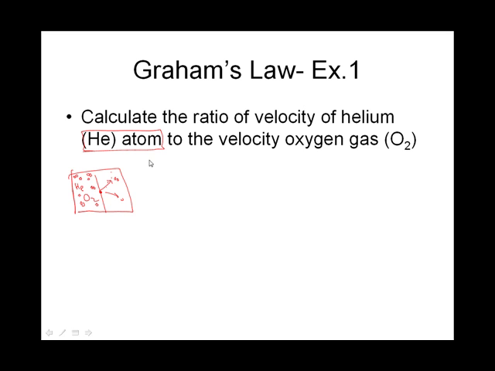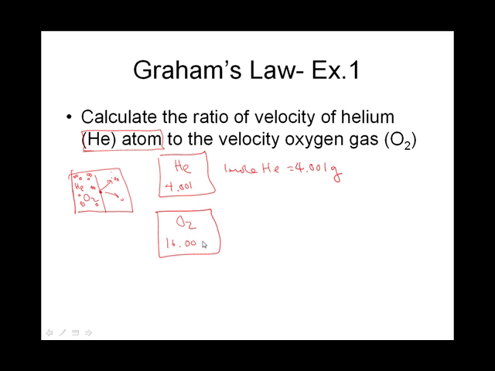Okay? So I know from the periodic table, it says He, and down below that it says 4.001, which means that 1 mole of helium is equal to 4.001 grams. And also on the periodic table it says oxygen O2, it says 16.00 grams.